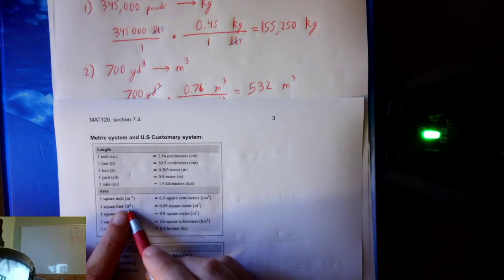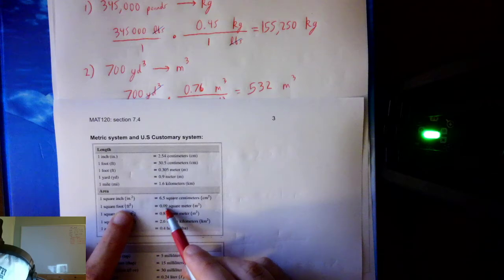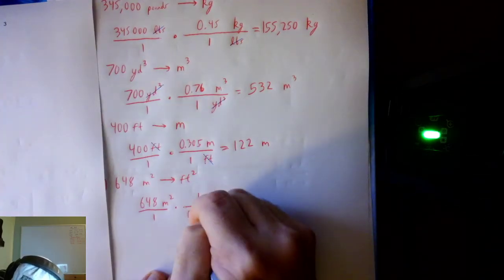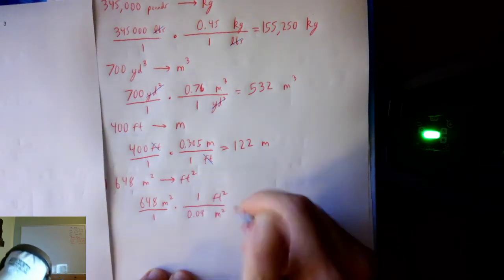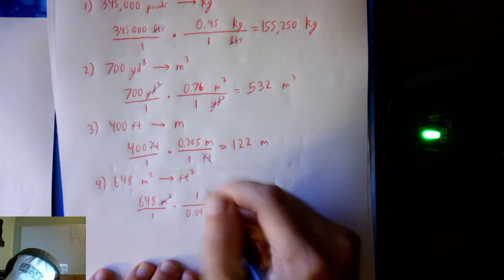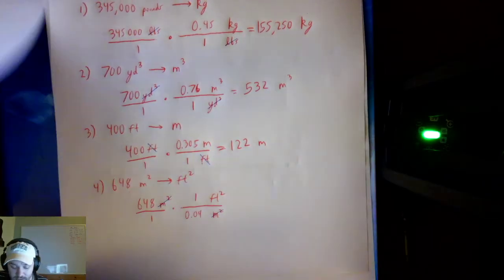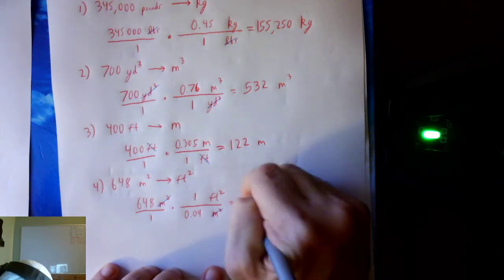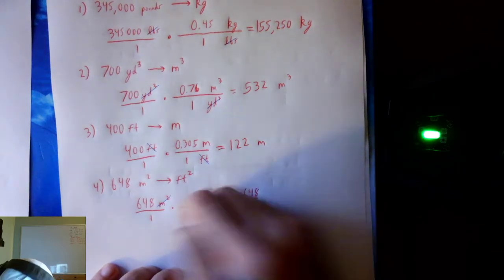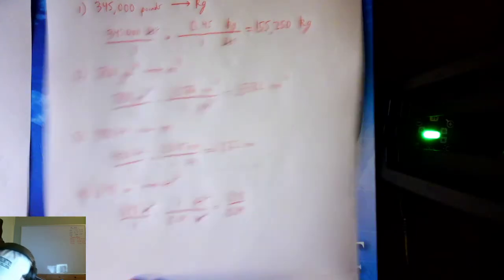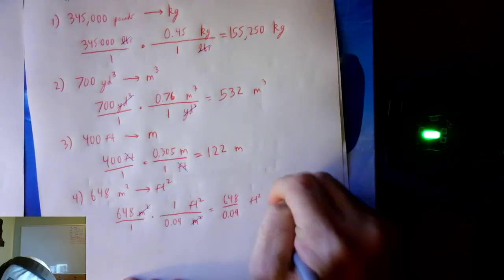1 square foot is 0.09 meters squared. So notice the meters squared will cancel. I'll cancel my meters, right? And I'm left with, in the top, 648, and in the bottom, 0.09, and the units are now feet squared.